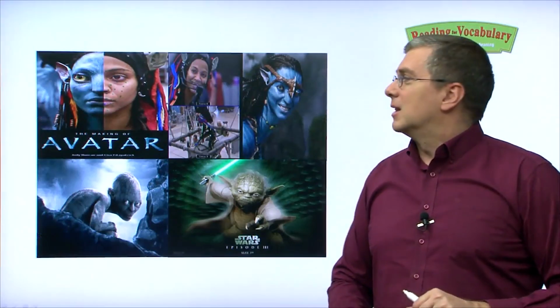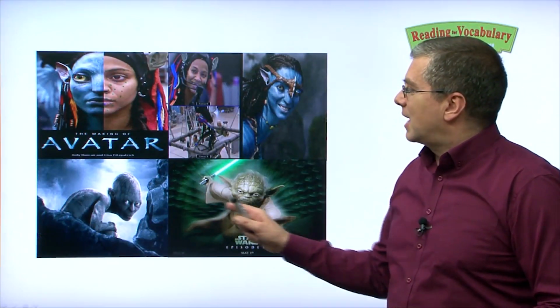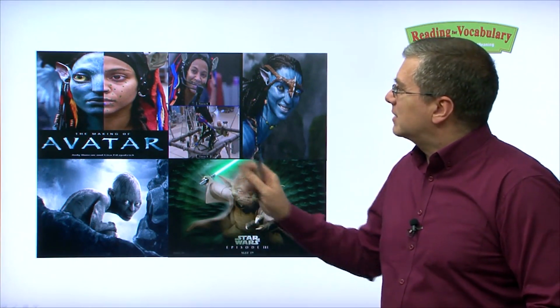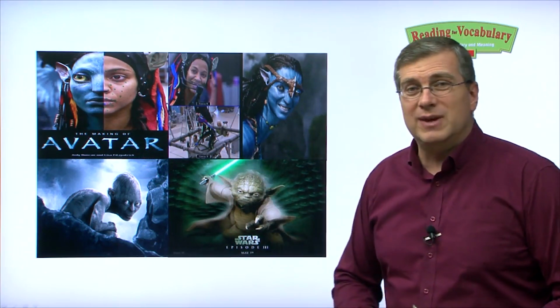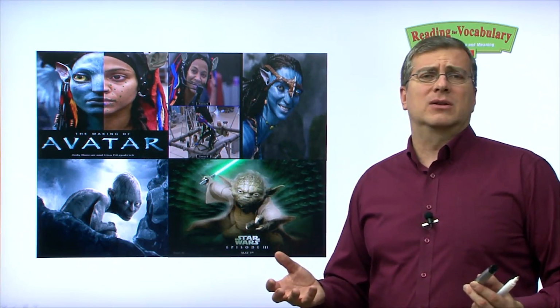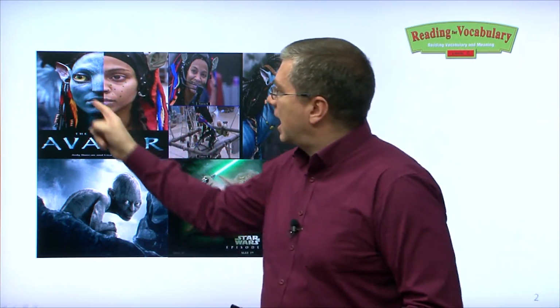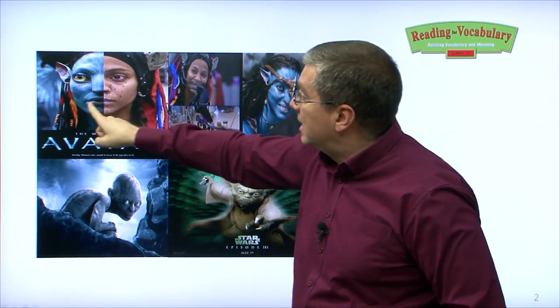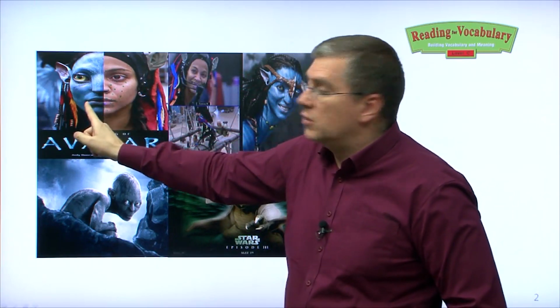But first, let's talk about this type of movie characters that we have here. Now, this is kind of interesting. Did you see this movie, Avatar? Did you ever wonder, how did they make the characters in the movie? Well, this picture kind of tells you. This is the real actor who played this character in the movie Avatar.